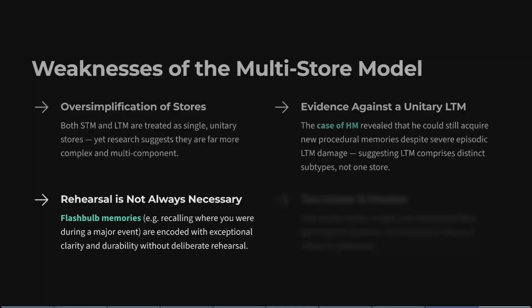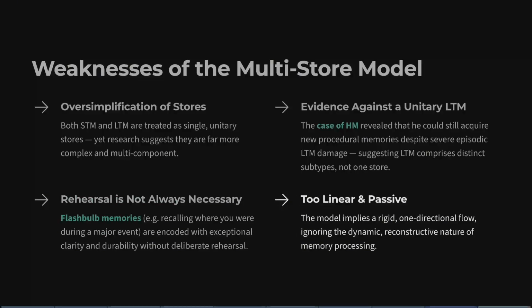Where you were when you heard about a major national event, the moment you received unexpected news. These moments are encoded with remarkable clarity and durability, not because you rehearse them, but because of their emotional significance. The model has no satisfactory explanation for why emotional arousal should affect long-term memory encoding. This suggests the transfer mechanism is more complex than simple rehearsal.